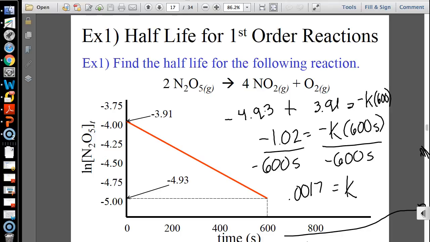So now I can take this K, and if you look on your formula sheet, 0.693 divided by K, you get 408. And that's seconds. And that's just sig figs. I have 3 sig figs is what I did.